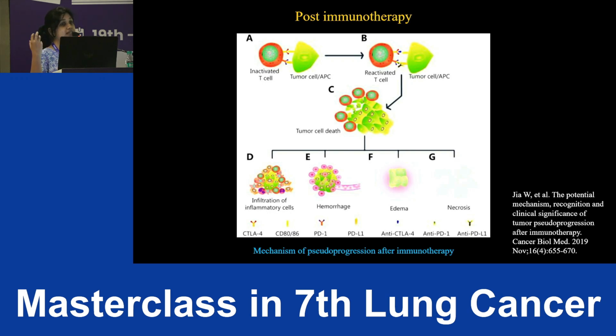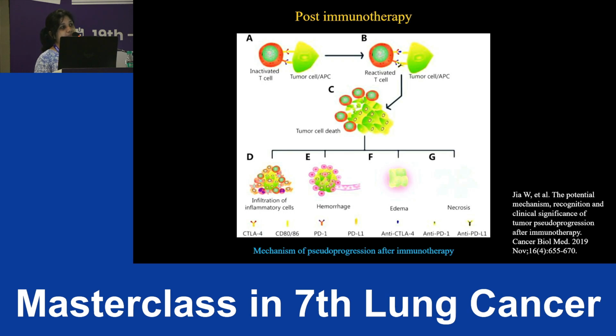Now because of this increase in hemorrhage, edema, and necrosis, there is a false appearance of increase in size of the lesion, which is actually not due to the tumor, but due to the recruitment of the inflammatory cells. So this phenomenon is known as pseudoprogression.